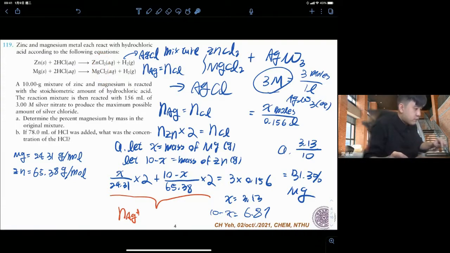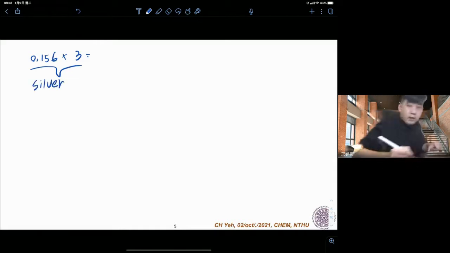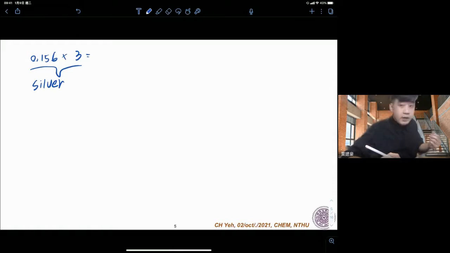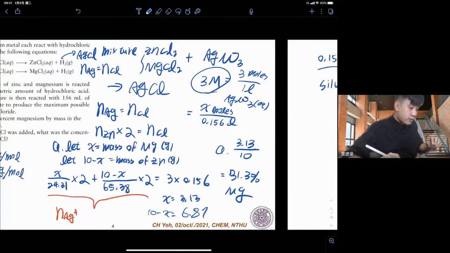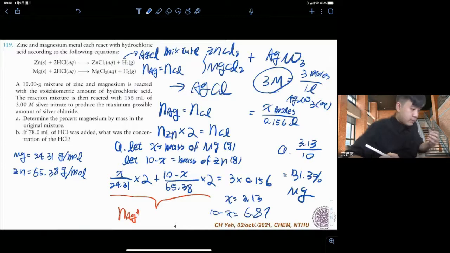Okay, so what we can calculate is right over here. This is how many silver was gained.